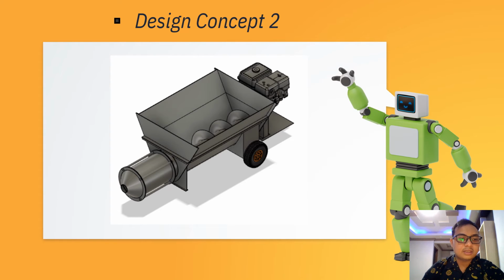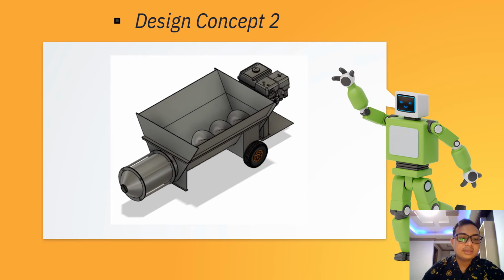The advantage of this design concept 2 is that the process of installing the hopper to the conveyor strokes is easy because it uses nuts and bolts on each side. And the next advantage is the conveyor output, which has a length of 500 millimeters, which will increase the compressive force of the concrete so that it allows it to flow further.